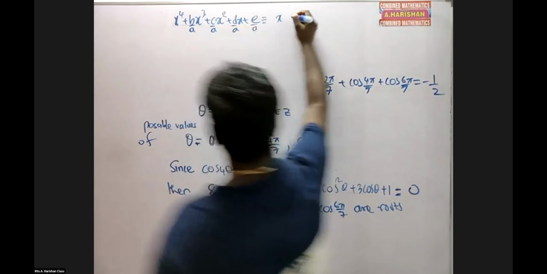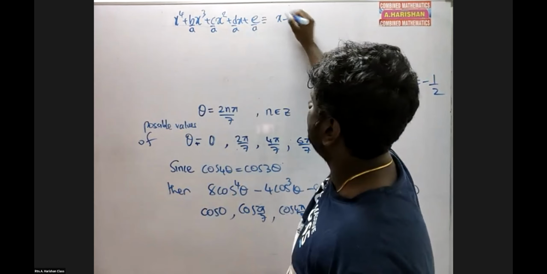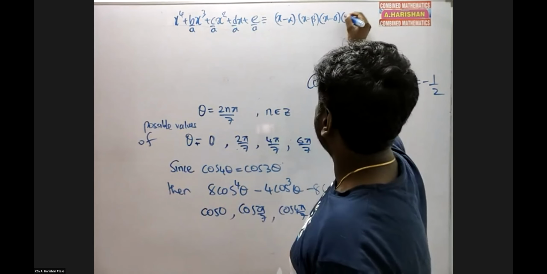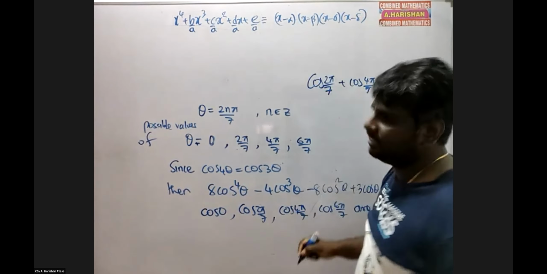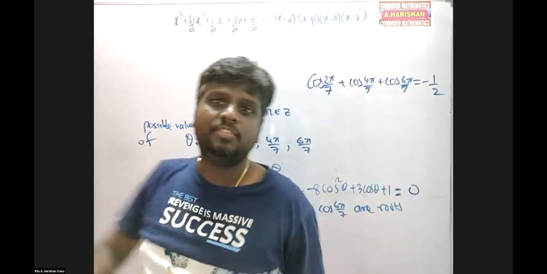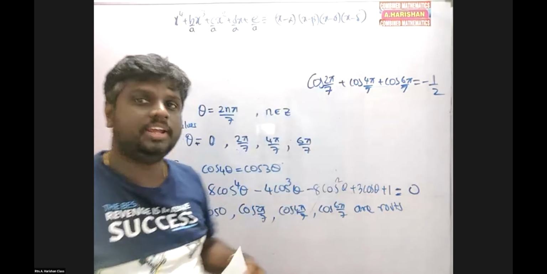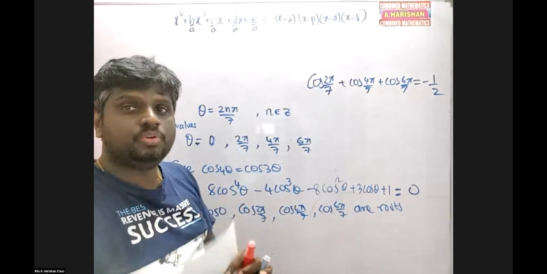So it's going to be x minus alpha, x minus beta, x minus gamma, x minus delta. Think about this. There are 4 solutions to this equation, right?